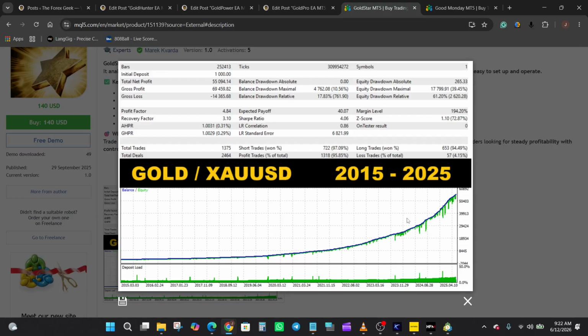Okay, so that tells me that there is some level of drawdown, and it is also confirmed here. We can see that the equity drawdown maximal is 39.45%, and the equity drawdown relative is 61.2%. Okay, so drawdown is actually one of the things that the EA experiences, but overall the net profit is quite impressive.